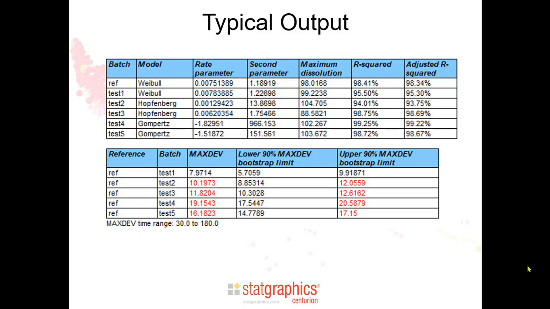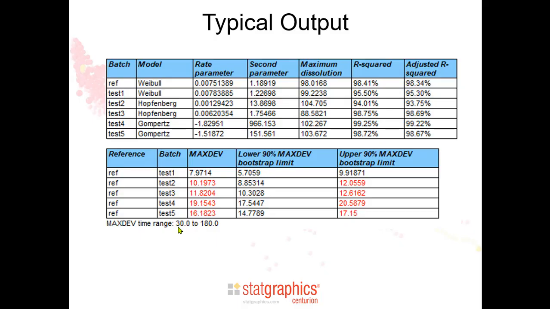The primary statistic here is MAXDEV. That's the maximum deviation or maximum difference between the dissolution profiles of the reference batch and the test batch over a specified time period. In this case, the MAXDEV time range was set to be the range of the data, which was 30 to 180 minutes.